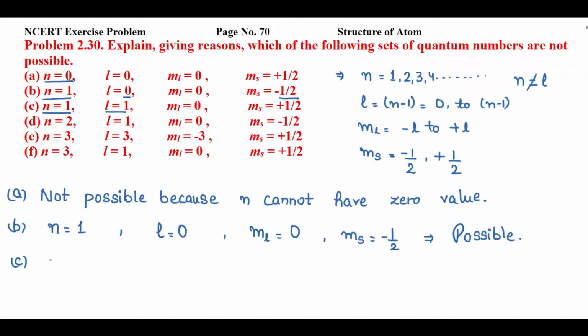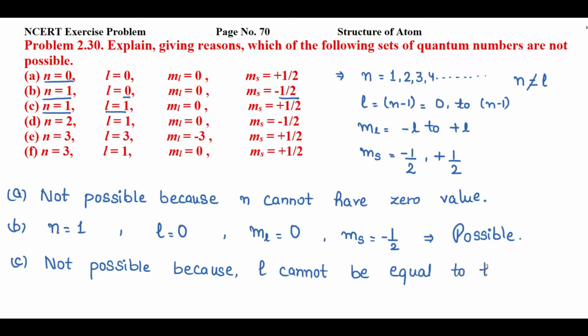So you can write over here not possible, because l cannot be equal to the value of n. In bracket you can write n cannot be equal to the value of l. n is always greater than l.